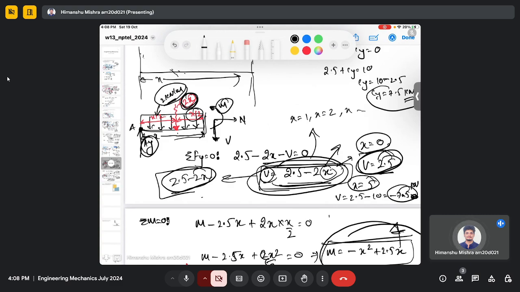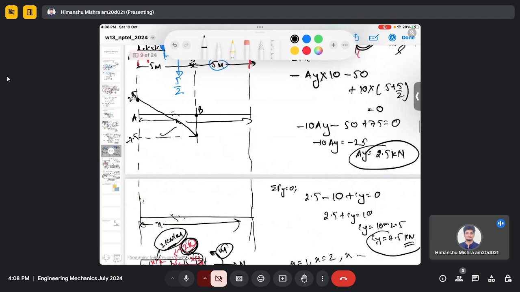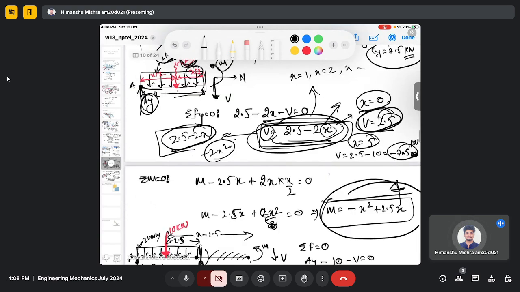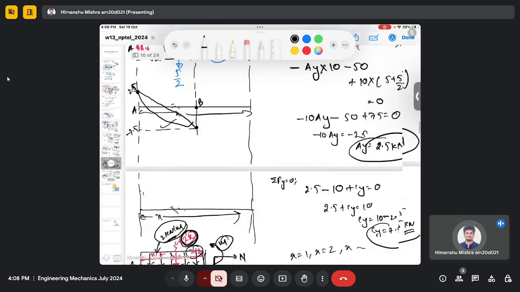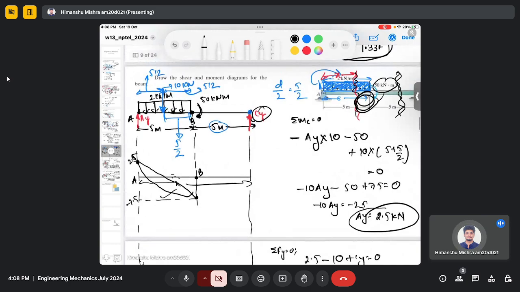It's not like minus 2x squared. If it were 2x squared, then there would be a curve like this. But it is minus 2x, so it's varying in a straight line manner. It is varying linearly, so there will be a straight line like this.